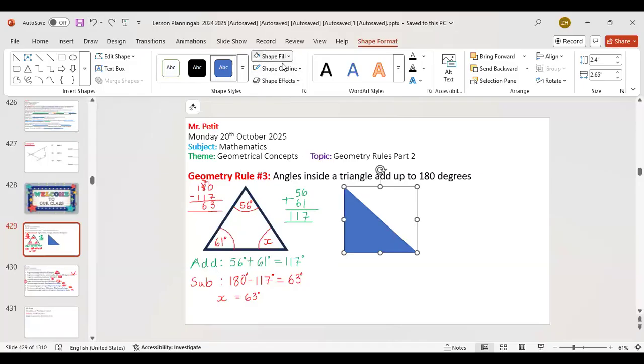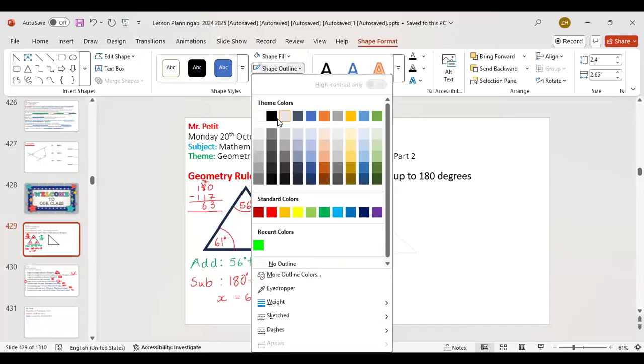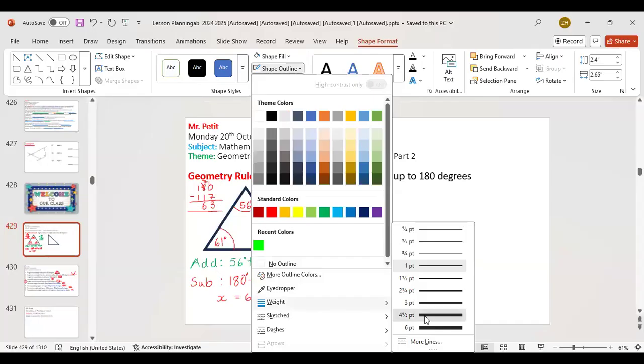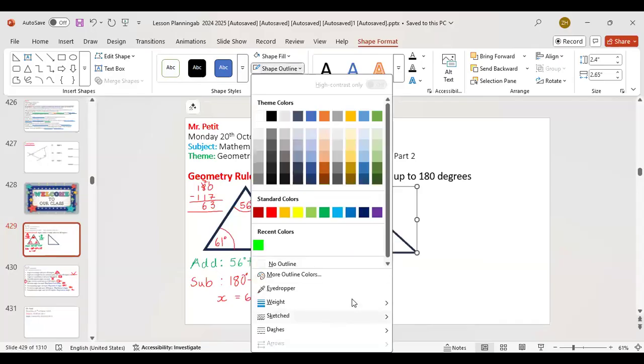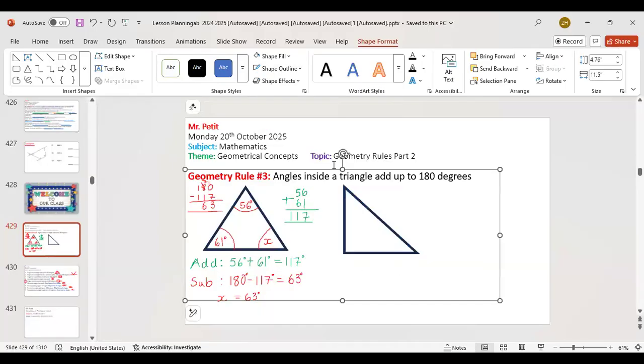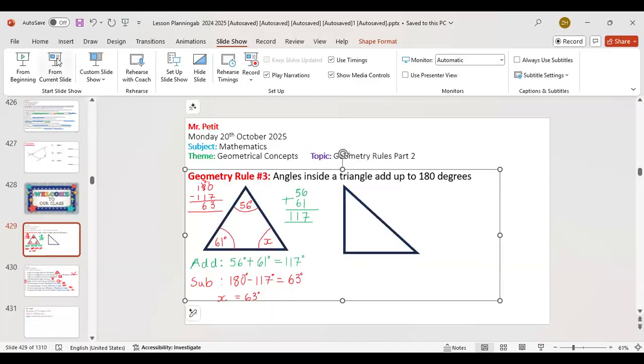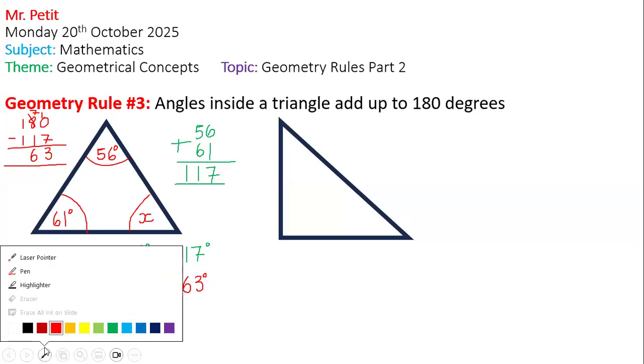It's a right angle triangle. Yes, sir. Very good, Cleveland. So let's say we have something like this.